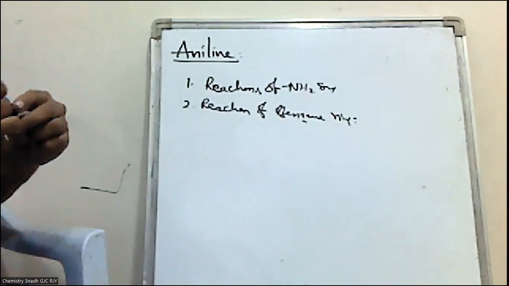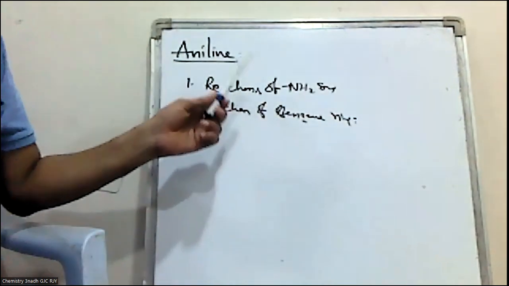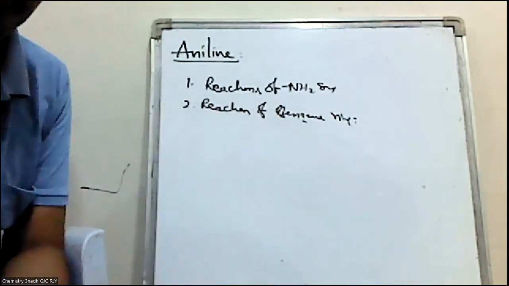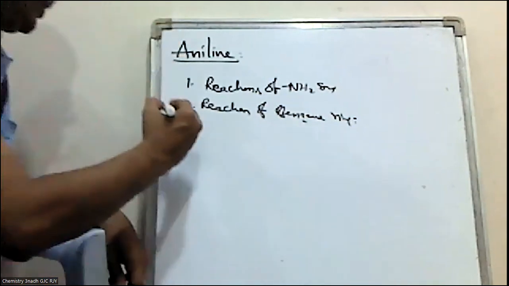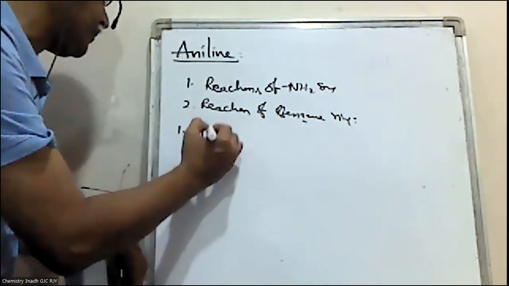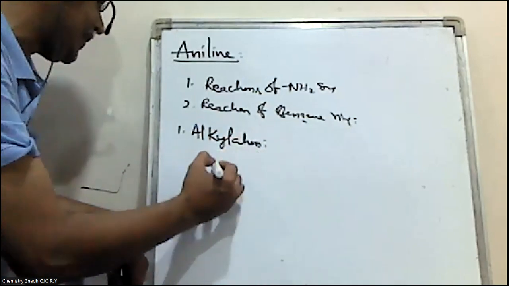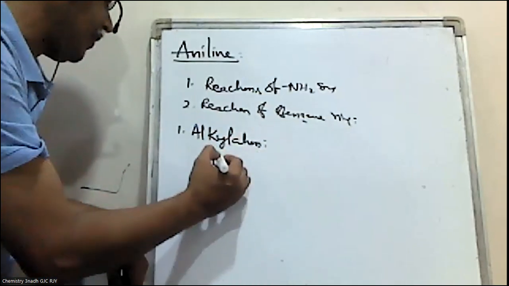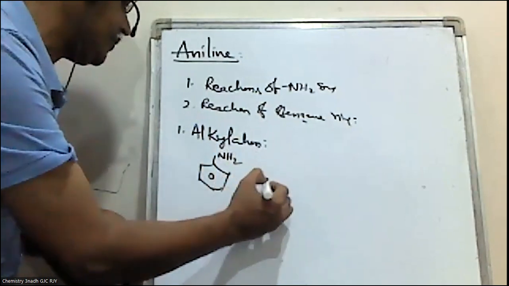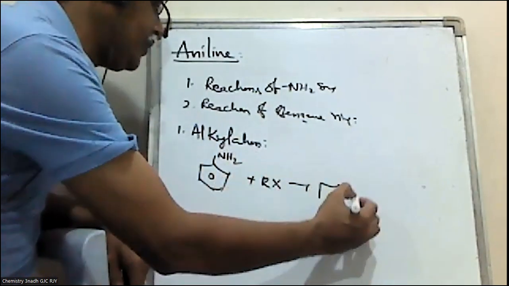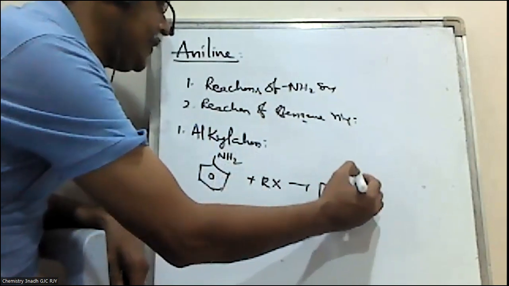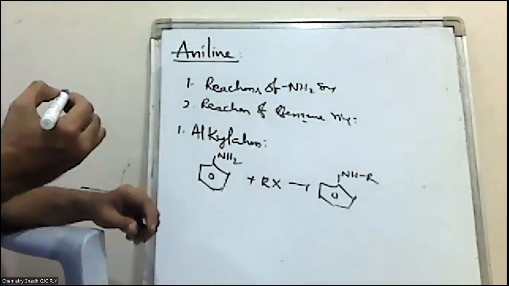In the reactions of the NH2 group, which I have discussed in my previous videos, one is alkylation. When aniline is treated with alkyl halide, it forms N-alkyl aniline.